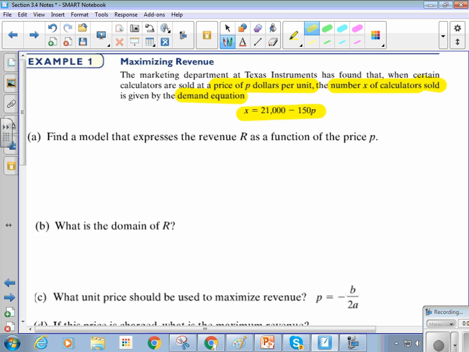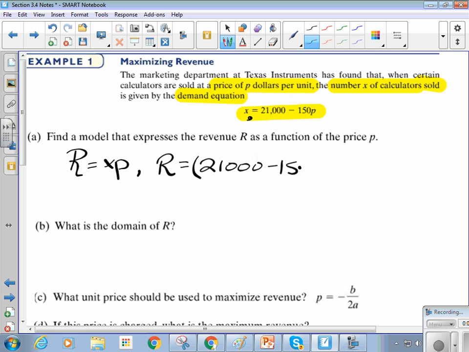Okay, so A, find a model that expresses the revenue as a function of the price P. And if you look at what we wrote before, revenue is equal to X times P. So if we know that X is equal to 21,000 minus 150P, then my revenue function is going to be 21,000 minus 150P times P. So I substituted for X in the revenue.